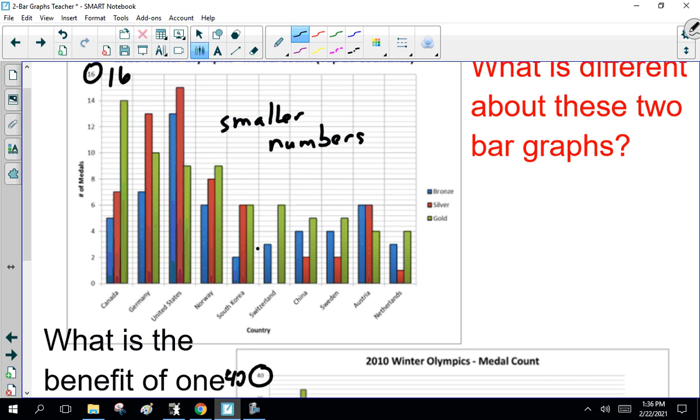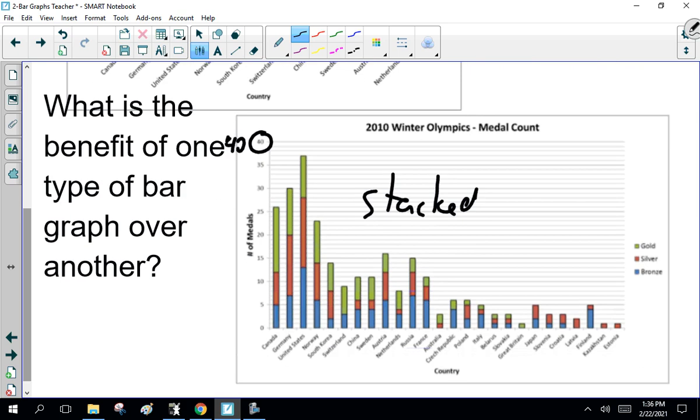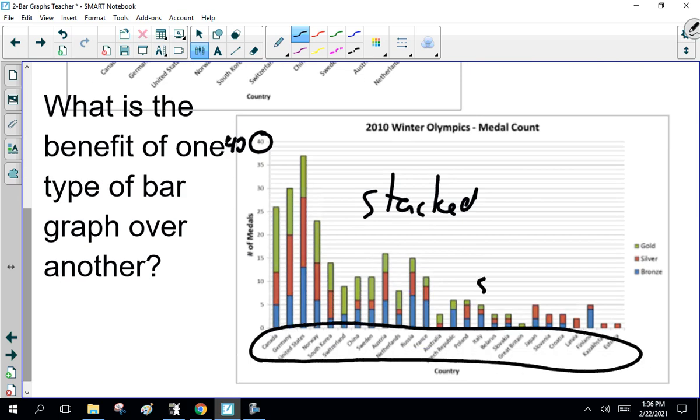So what I'm trying to show you here, there's different ways to draw it, and they have advantages. This one is smaller numbers. This one, notice how spread out it is. More countries. So there are advantages and disadvantages to drawing graphs in different ways.